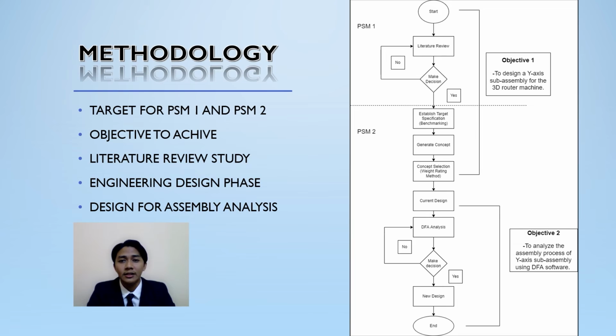The DFA analysis is about reducing the current design assembly time and coming up with a better assembly time, which we call the new design. After that, we create the detailed design followed by 3D design assembly and 3D drawing.